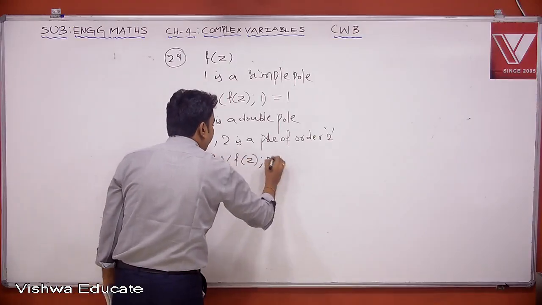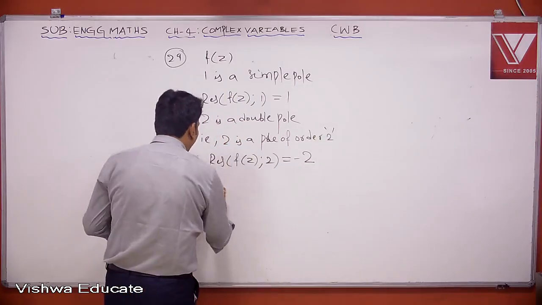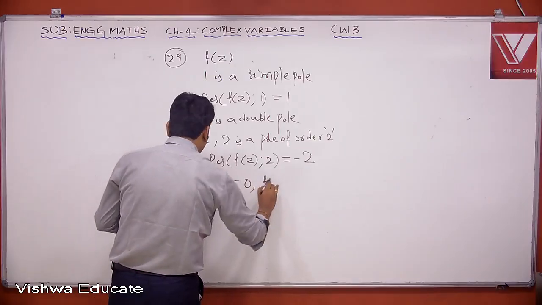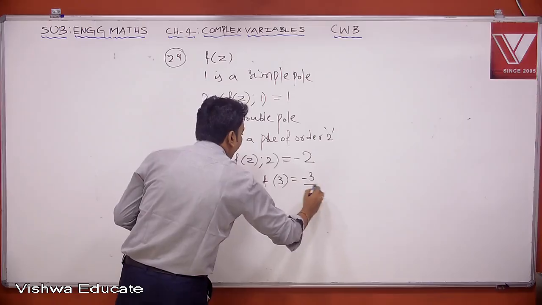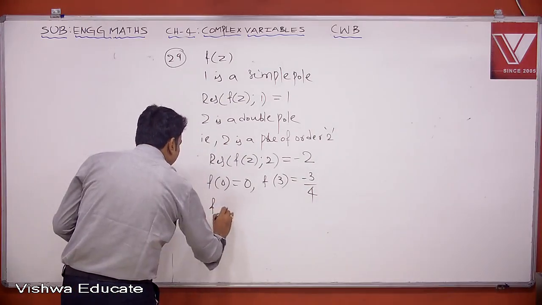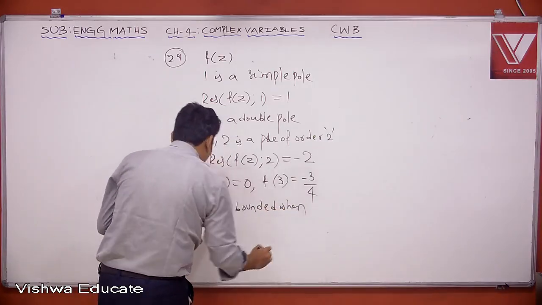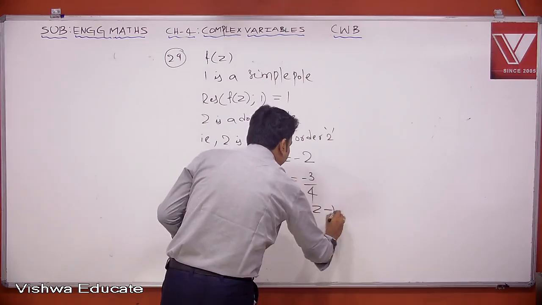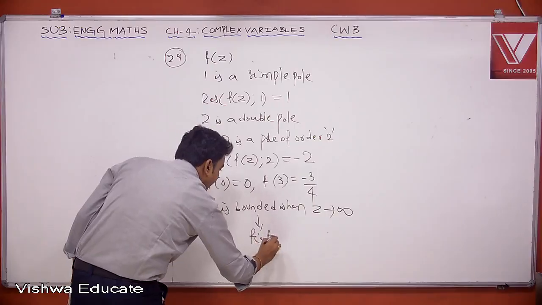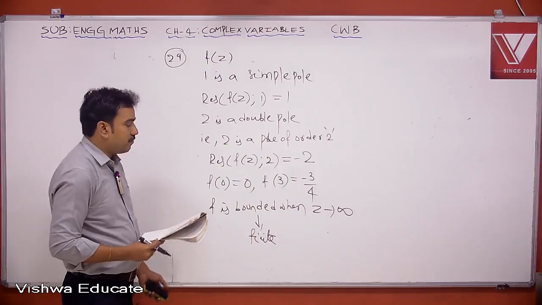Residue of f of z at 2 equals minus 2. f of 0 equals 0. f of 3 equals minus 3 by 4. And f is bounded when z tends to infinity. What do you mean by bounded? f takes a finite value when z tends to infinity. Then f of z must be.